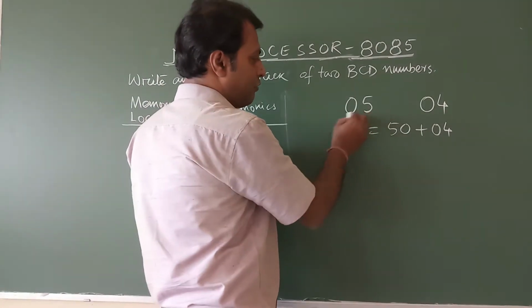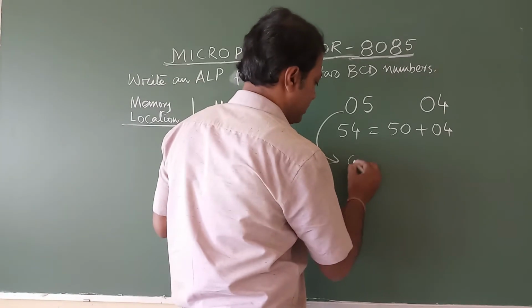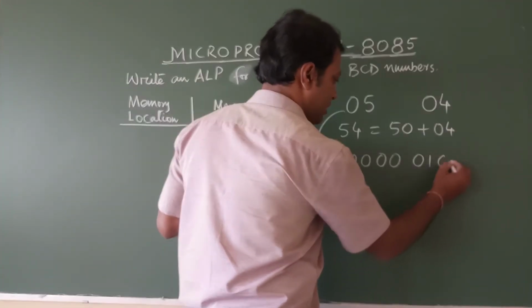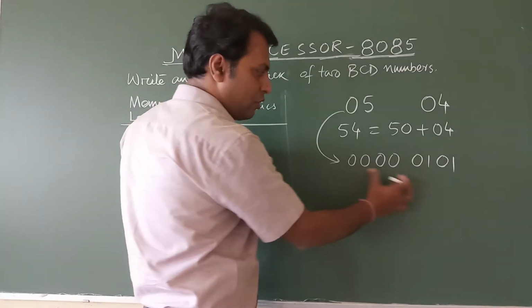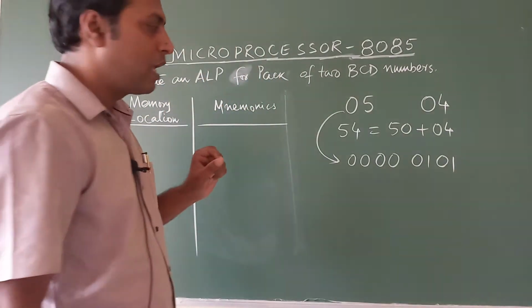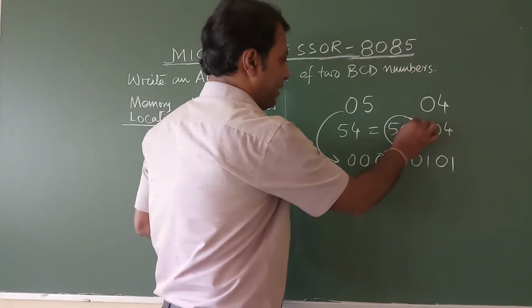Now this 05 in hexadecimal representation we may write 0 0 0 0 0 1 0 1. These 4 bits represent 0 and this 0 1 0 1 represents 5. Now we need 50.